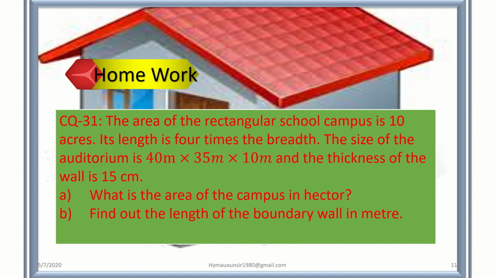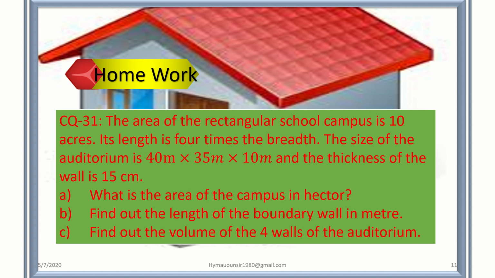Clear everyone? And C number, find out the volume of the 4 walls of the auditorium. 4 walls, and the thickness of the wall is given as 15 centimeter. That means 40 meter into 35 meter into 10 meter, you will get the volume of the auditorium with wall.